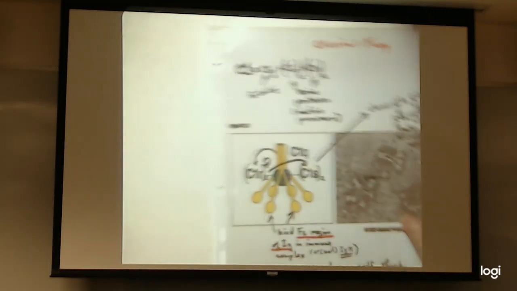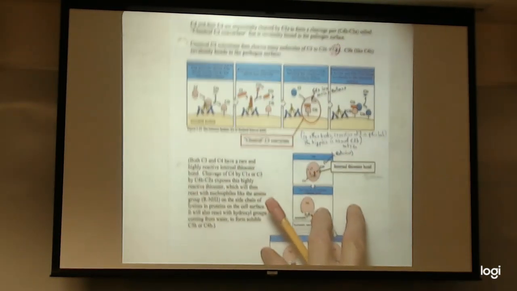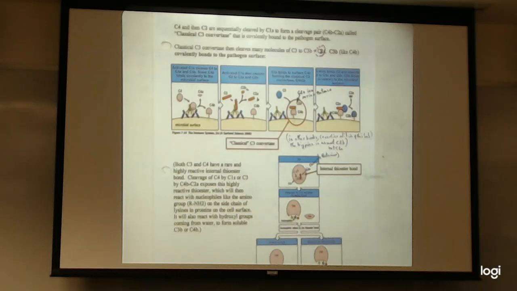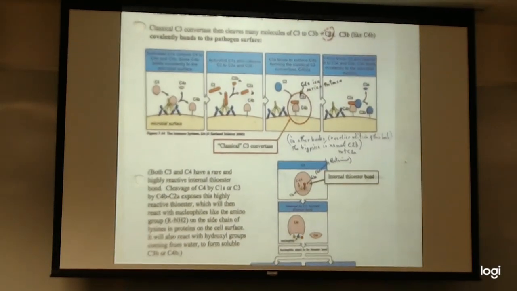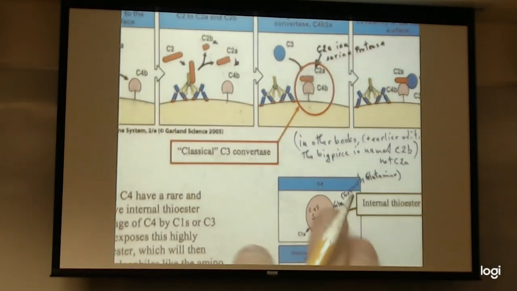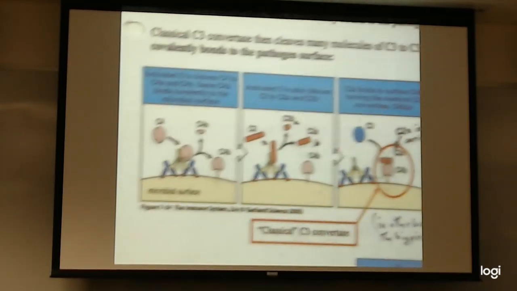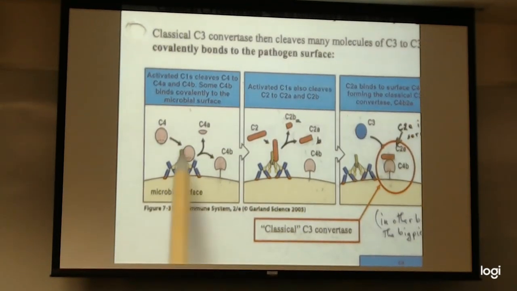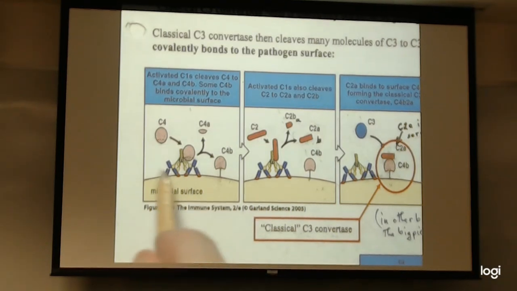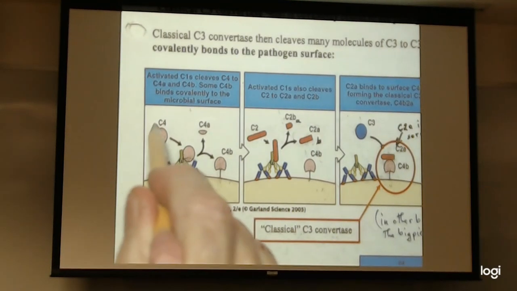Let's take a look here. Here's the C1q, and here is C4.